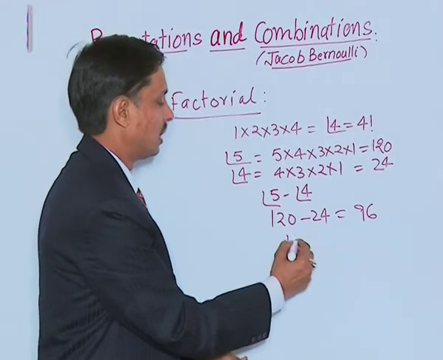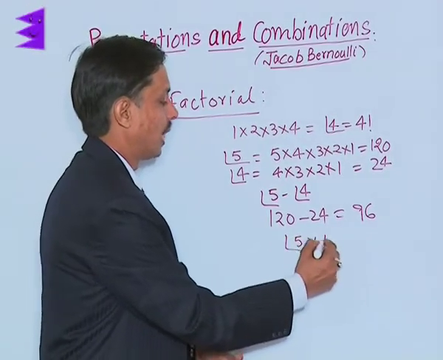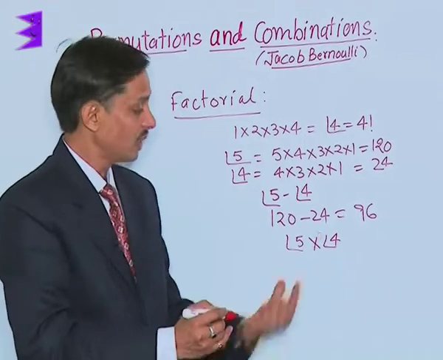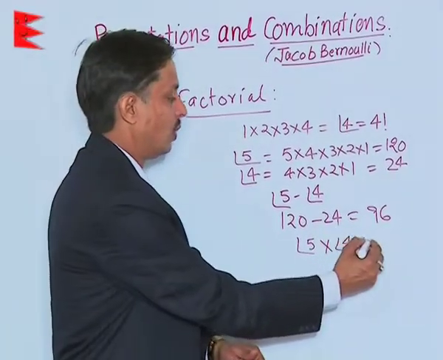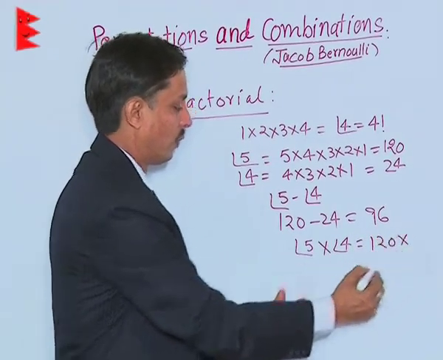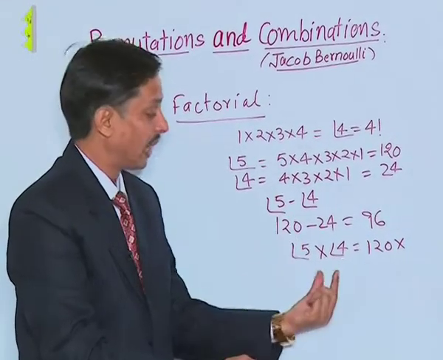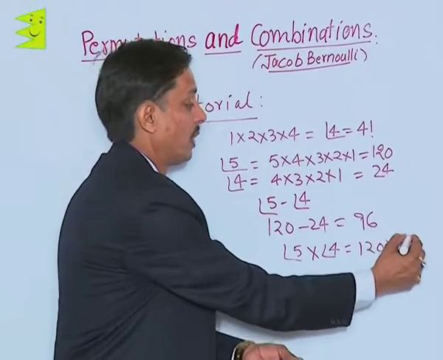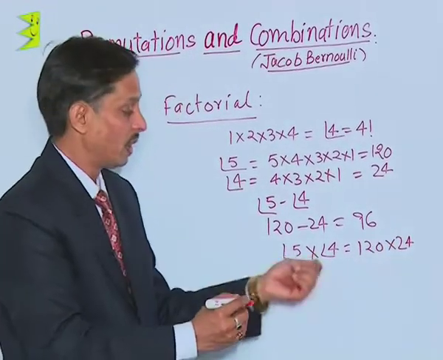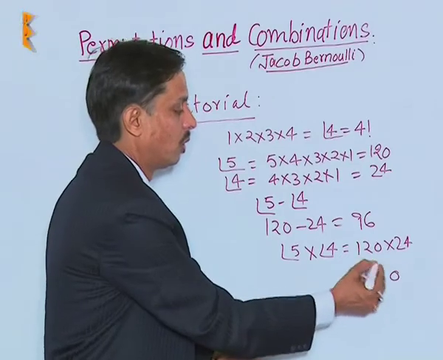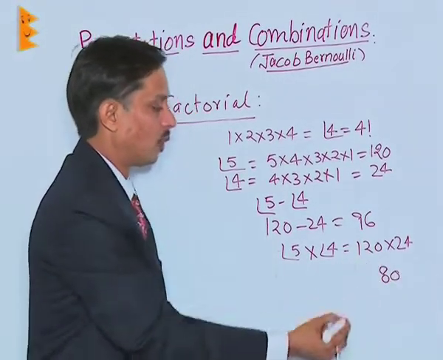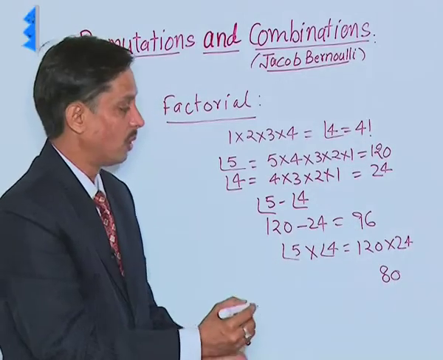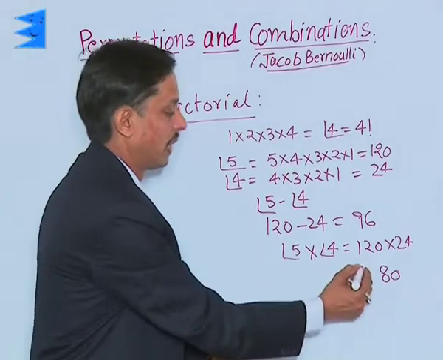Similarly, if somebody asks the answer of factorial 5 into factorial 4, obviously it is not factorial 20. First of all, we write 120, the value of factorial 5. Then we write 24, the value of factorial 4. Their product: 0, then 12 4s are 48, then 4 12 2s are 24, then 24 plus 4, 28.